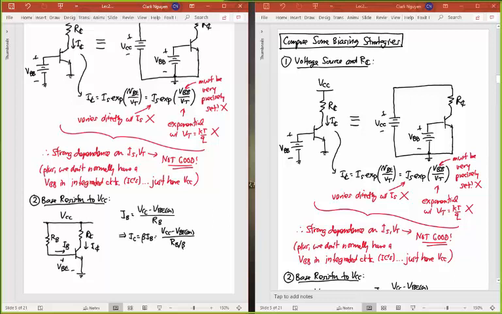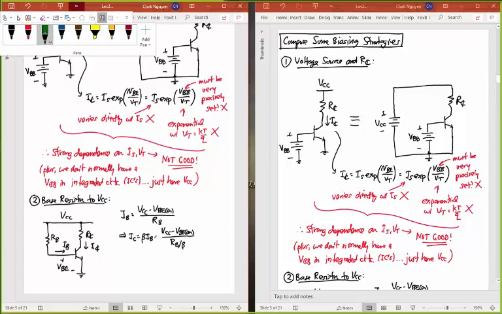Okay? And so this does have one nice thing about it that I like. And that one nice thing is that it has less dependence on VT and IS when VCC is much greater than VBE on, which is generally the case.